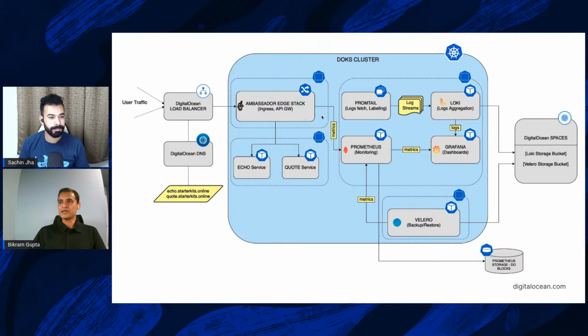The second component is monitoring. Given that your application is running as a bunch of pods or a bunch of containers, there can be a lot of dependencies. And so it's very important to monitor the metrics, not only from your infrastructure, but from your applications as well.